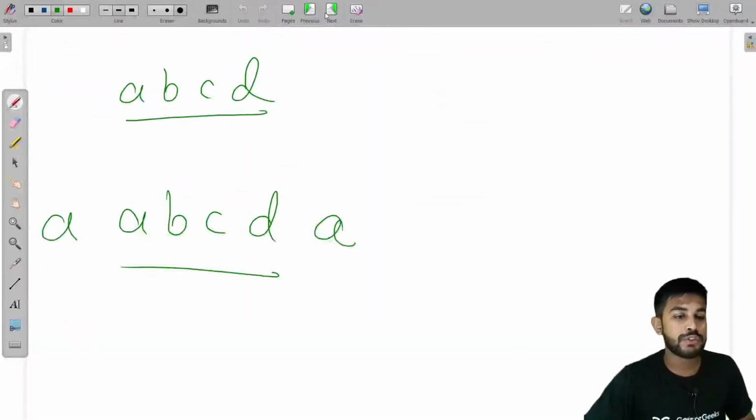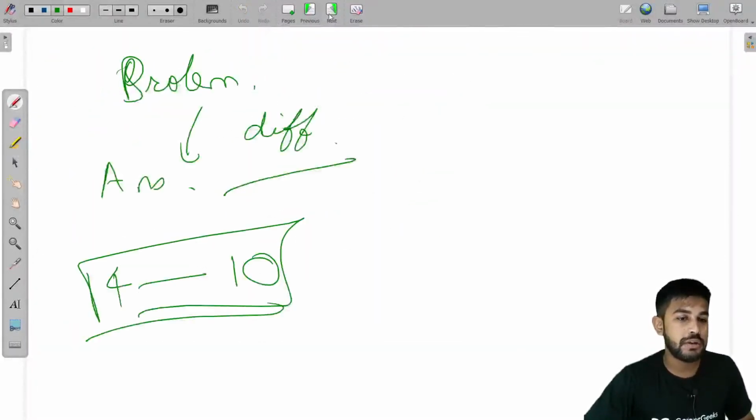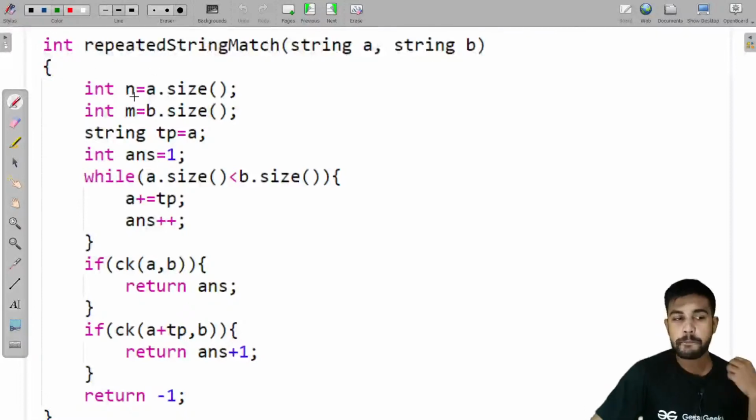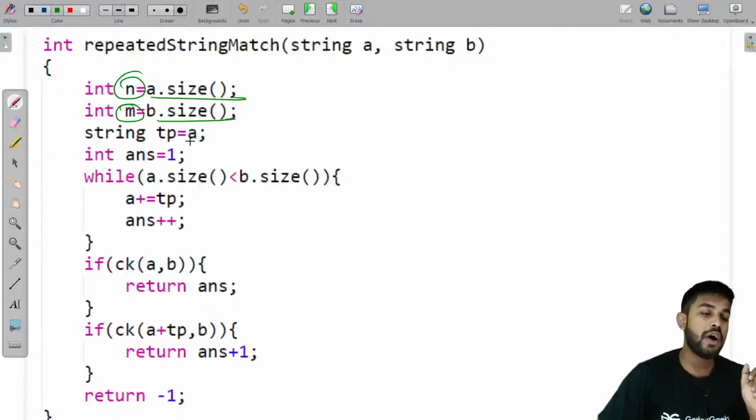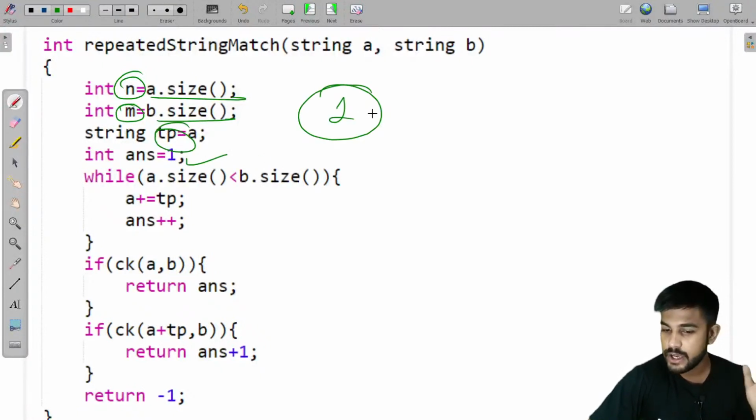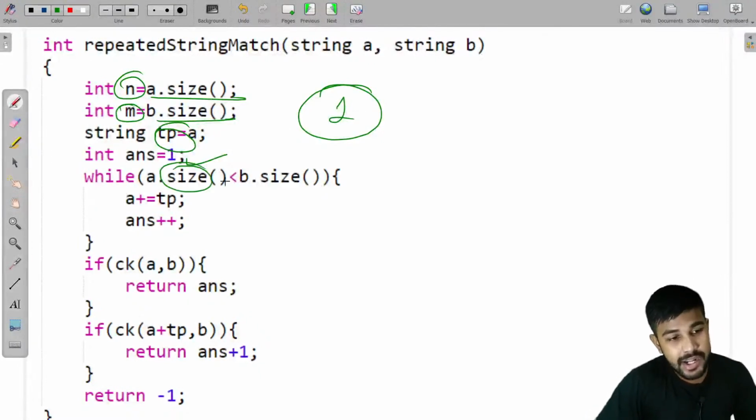Good to go. So we would move to the implementation now. We are given n as a size. We are storing the size first because writing the size every time is not convenient. We store it in a temp variable, and at first 1 is always required. So while a dot size is less than b dot size, we keep adding a and adding to the answer.